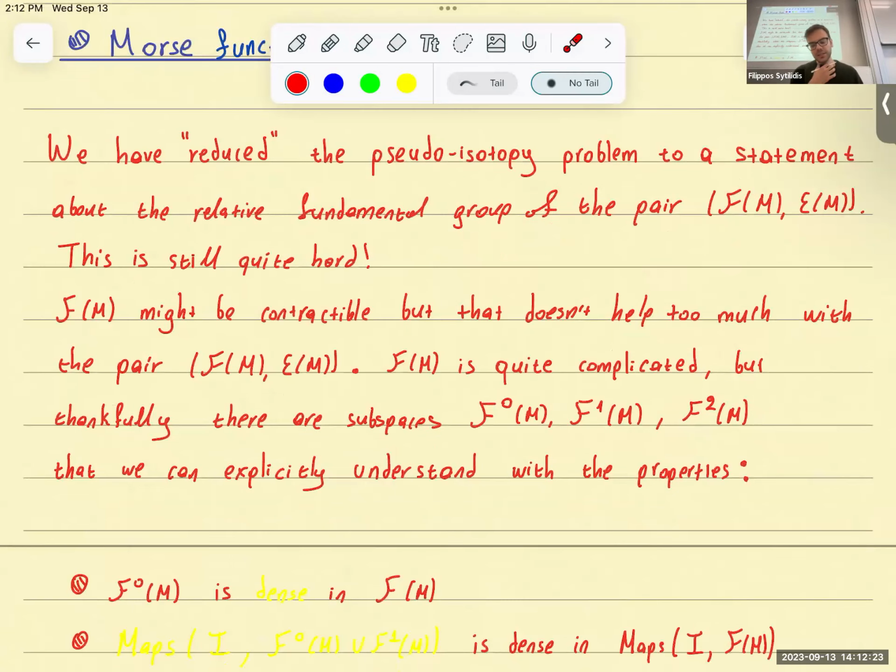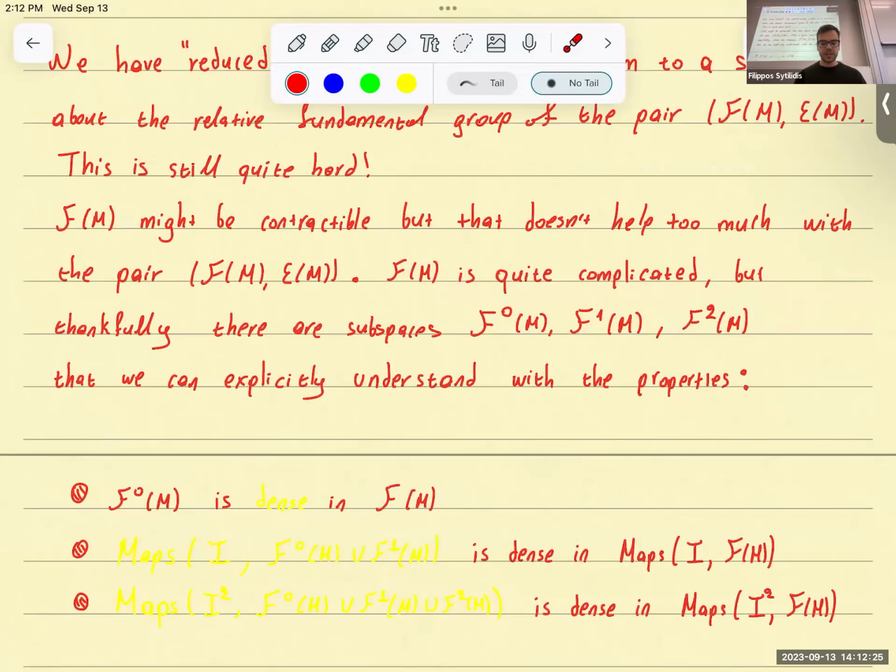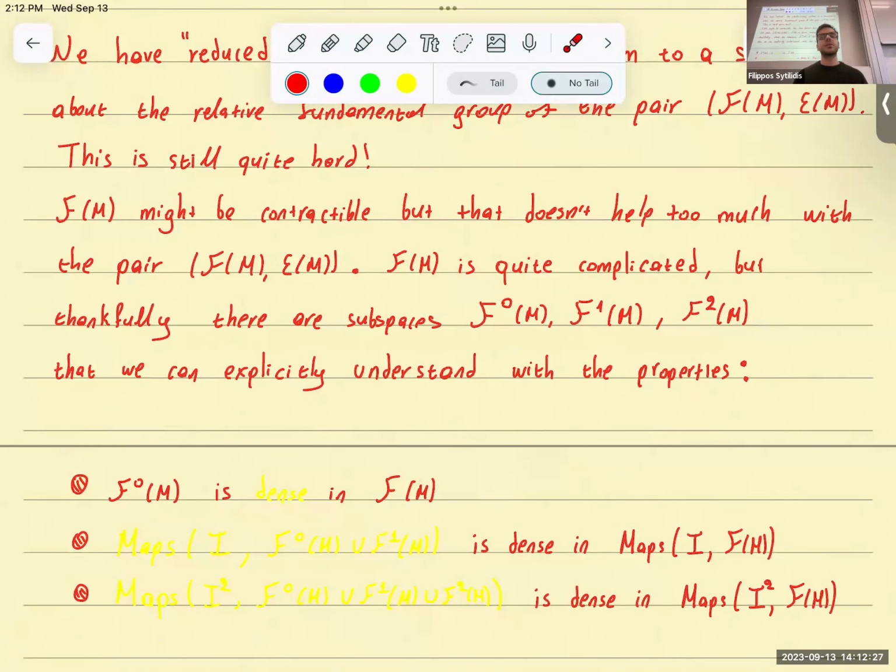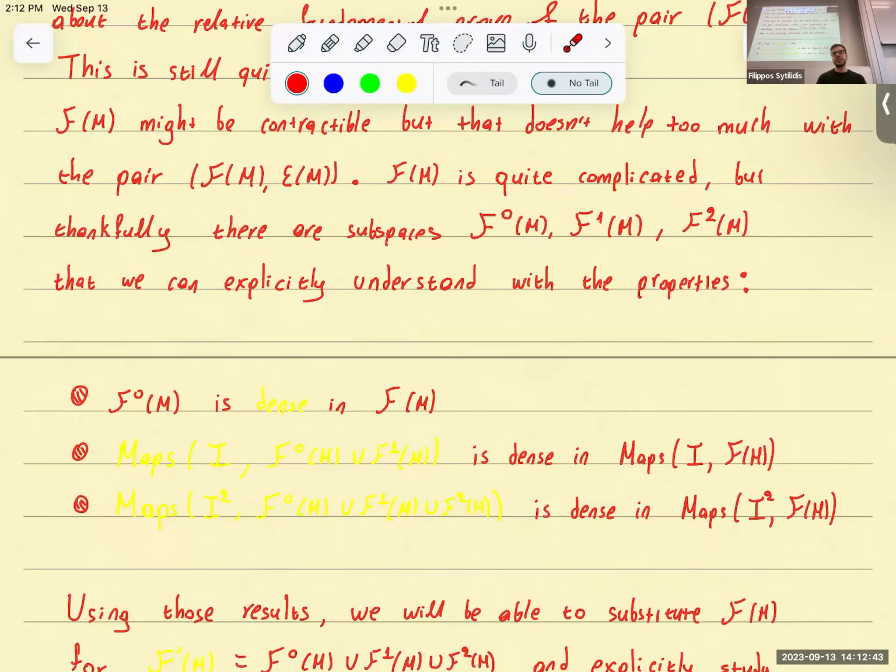So what we are going to do is construct some subspaces. We're only going to see one of them today, but the rough idea is that we are going to construct some subspaces F0, F1, and F2 which live in F, which we can very explicitly understand, and which satisfy the following properties.